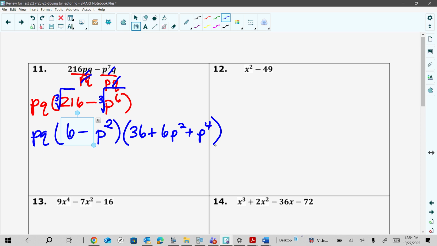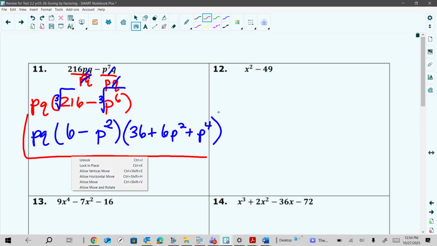Let's see if this could be a substitution or a basic trinomial. I don't think so, because 36 is 9 times 4, 6 times 6, and 3 and 12, and there's no difference between them. So this is the final answer.